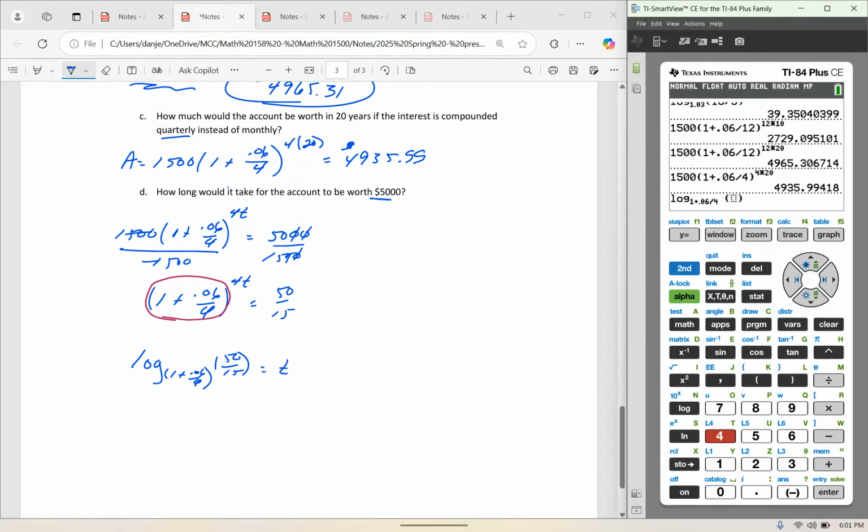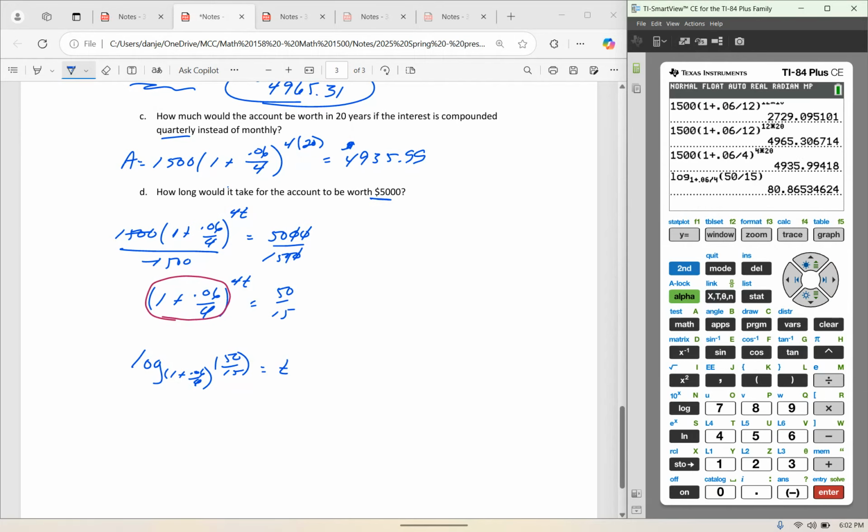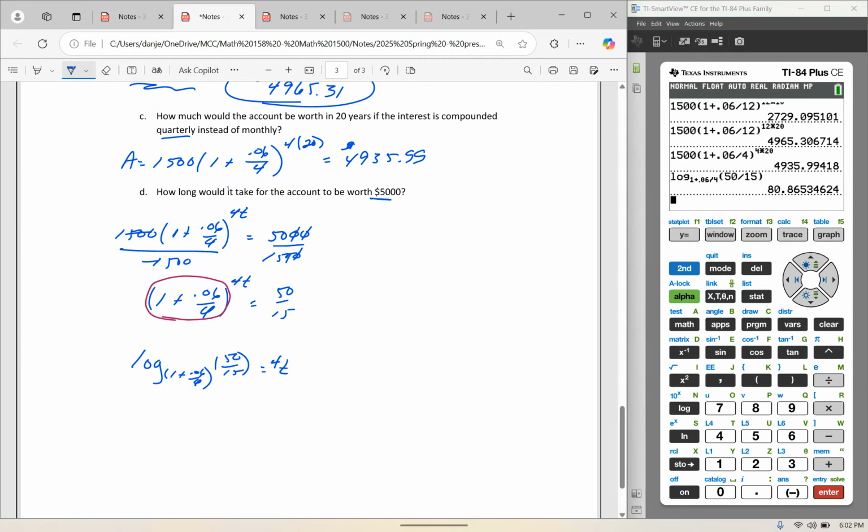The calculator can handle that calculation, okay, 50 over 15. Now I wrote t, that's actually 4t, because my exponent here is 4t.